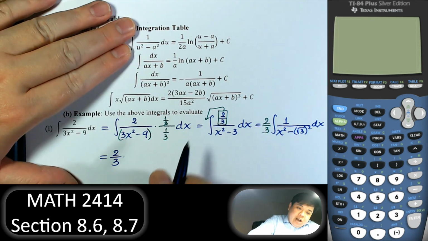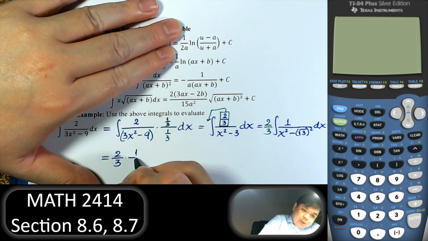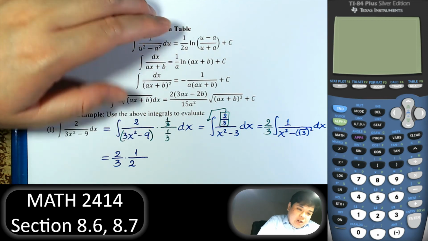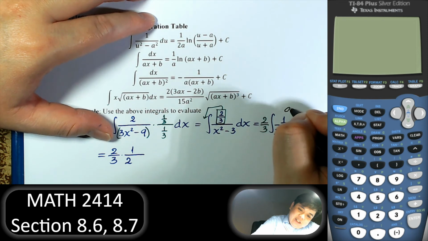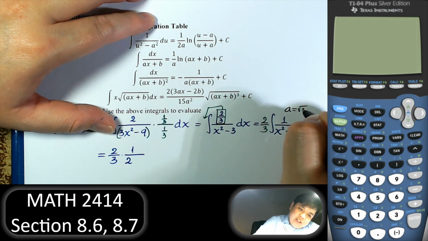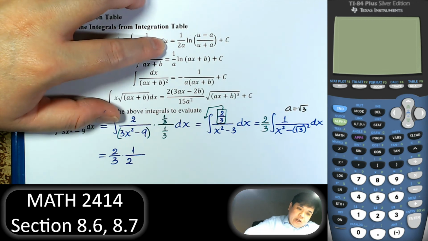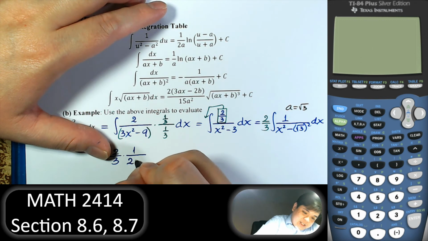Right. Now that integral will be exactly that form. So it will be 1 over 2a, times, let's just write a is the square root of 3, and u is x. So 1 over 2a, 2 over the square root of 3, that is a.